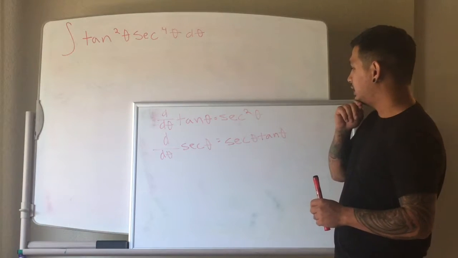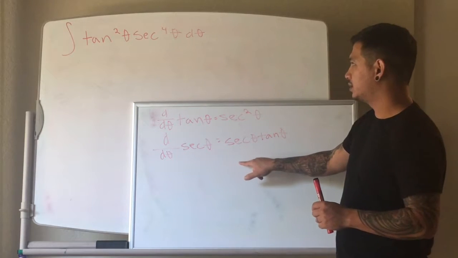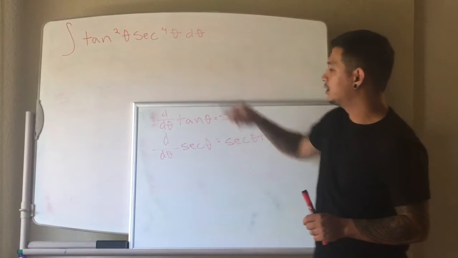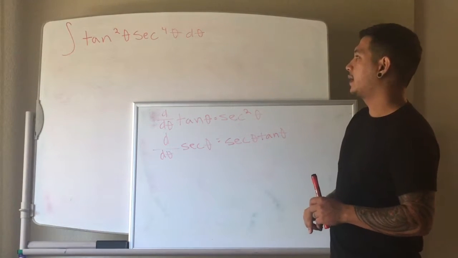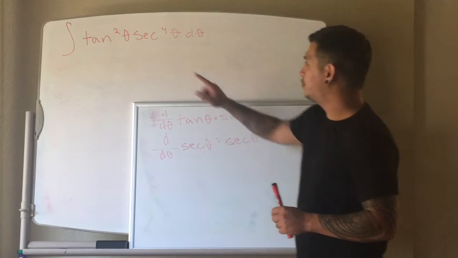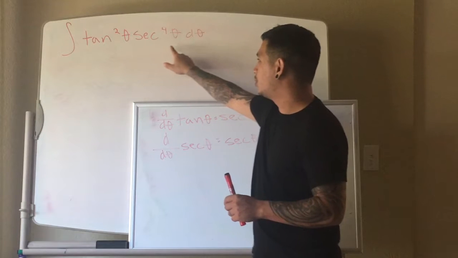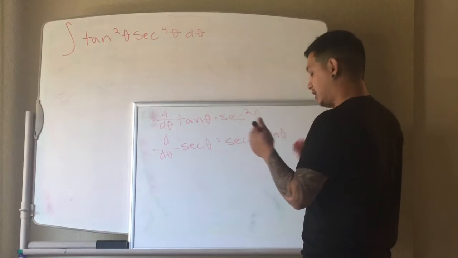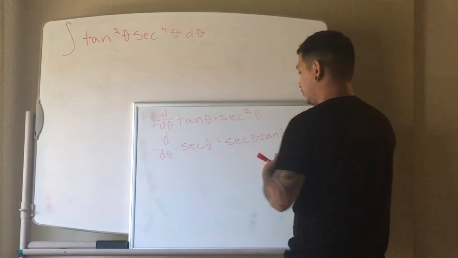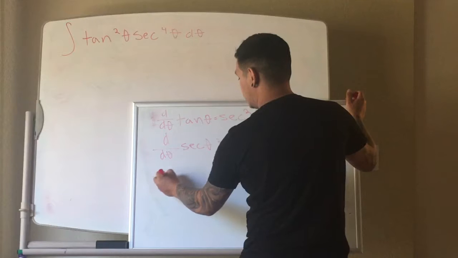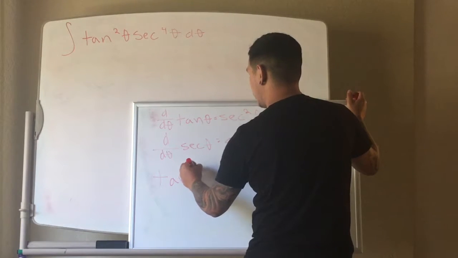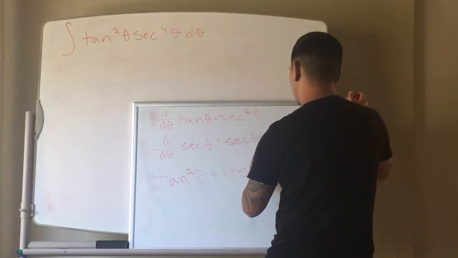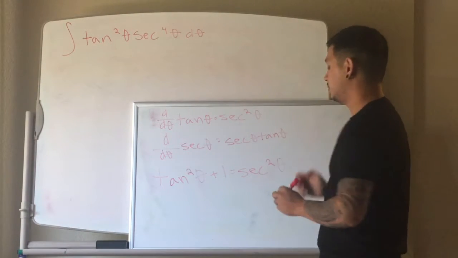So we could possibly use this one, if we pull out a secant theta tan theta, sure. But if we pull out a tan theta, we'll only have a 1 tan theta. And you have to remember there's an identity that we might need, which is tan squared theta plus 1 equals secant squared theta.